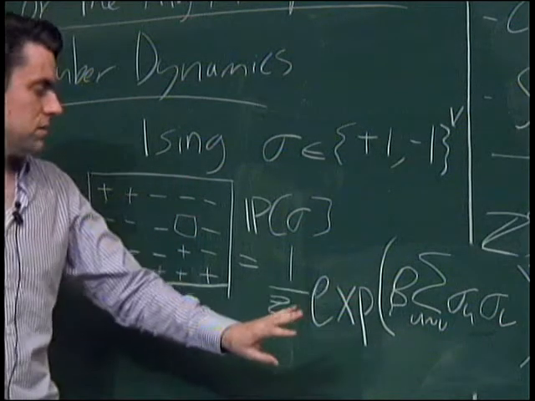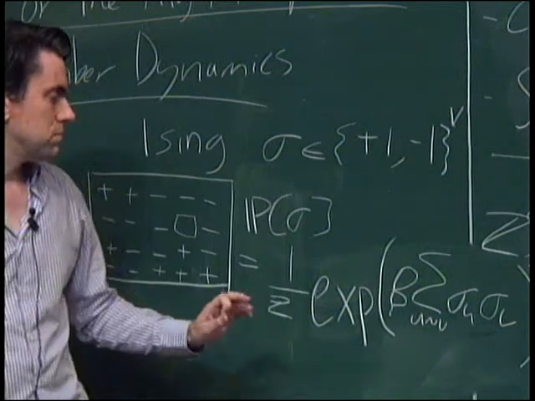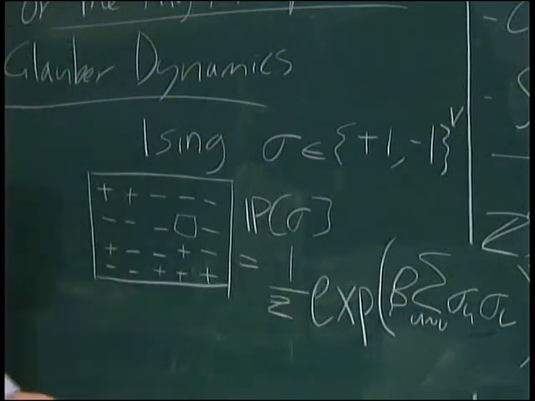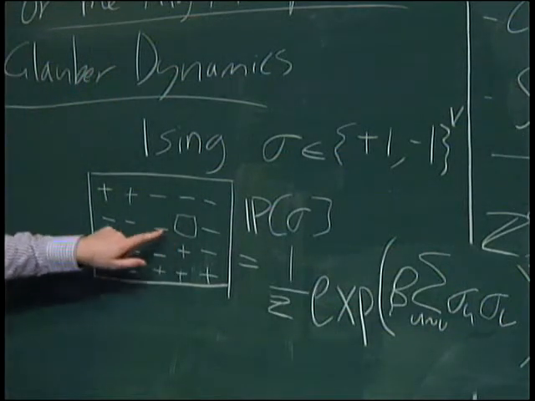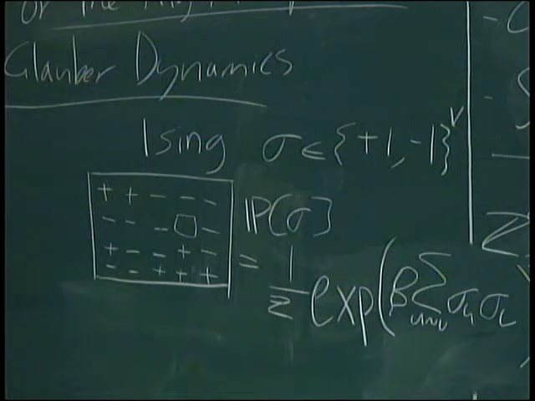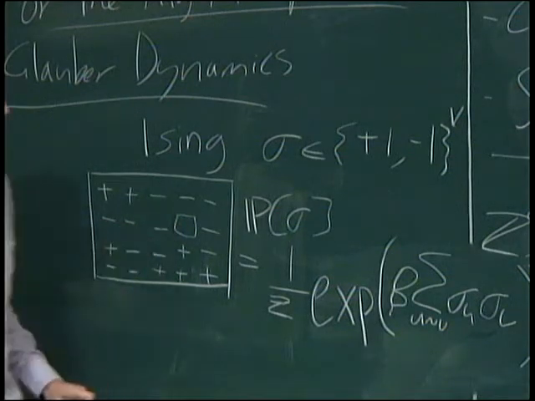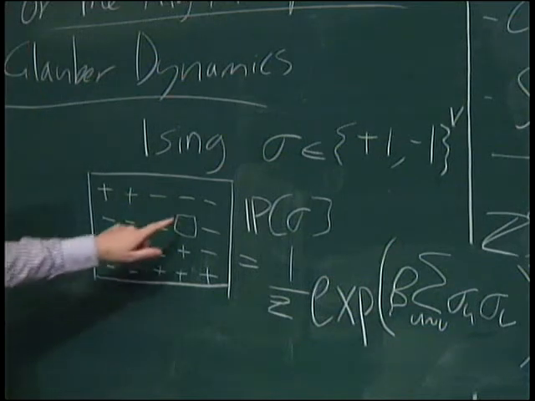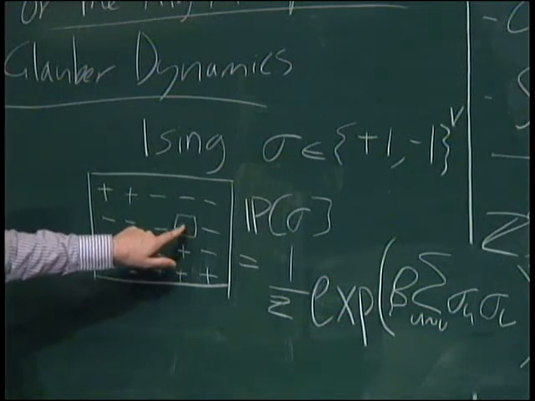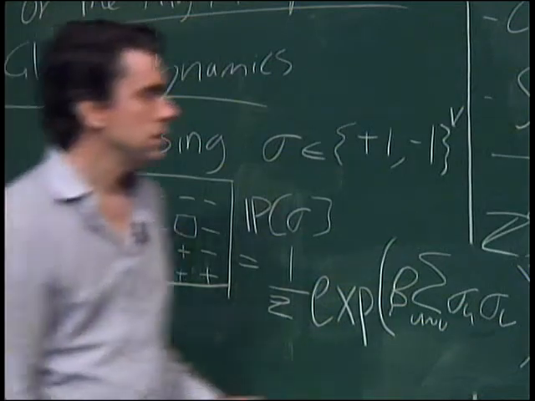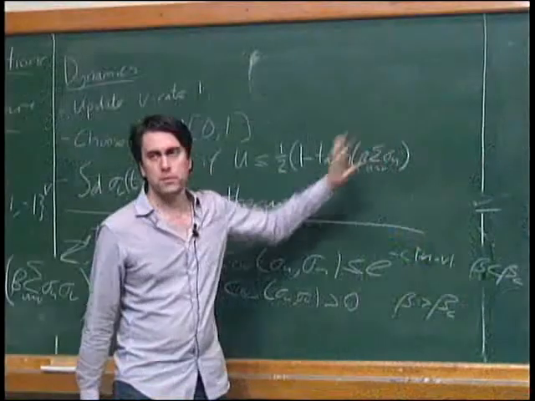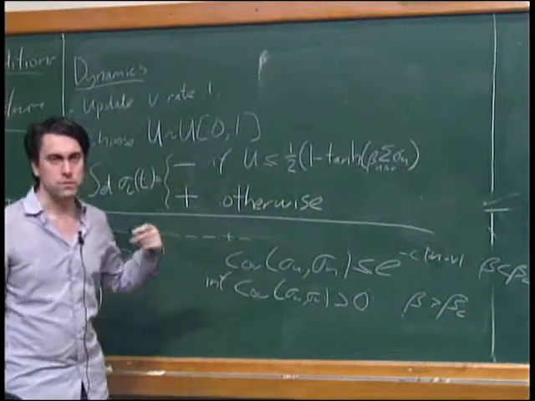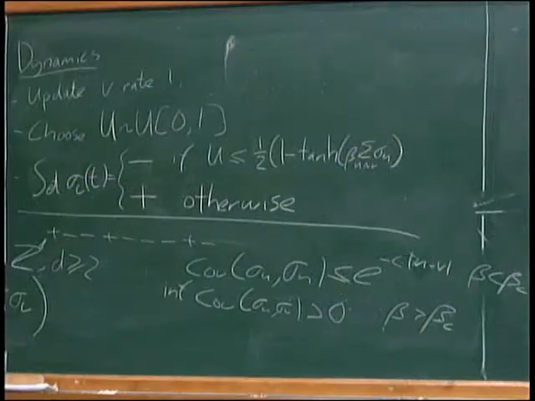But you can see from the distribution here that it's only going to depend on the neighboring values of the spins, and actually the conditional probability that it's a minus given its neighbors is a half times 1 minus tanh of beta times the sum of the spins there. That's just a basic conditional probability calculation you can do.